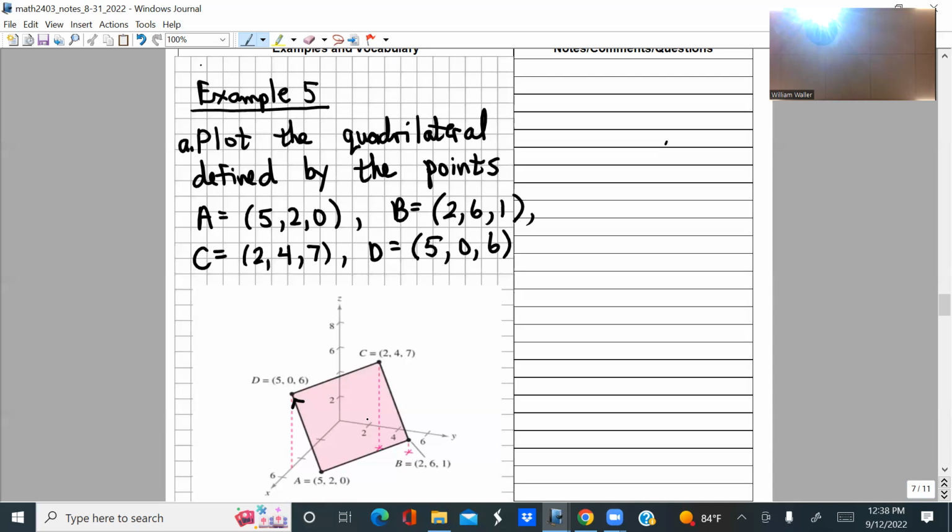Looks can be deceiving. You have a square with this point slightly above the XY plane, and this point exactly on the XY plane. Notice Z. Well, the book draws a nice quadrilateral. It's going to be hard for us to draw.